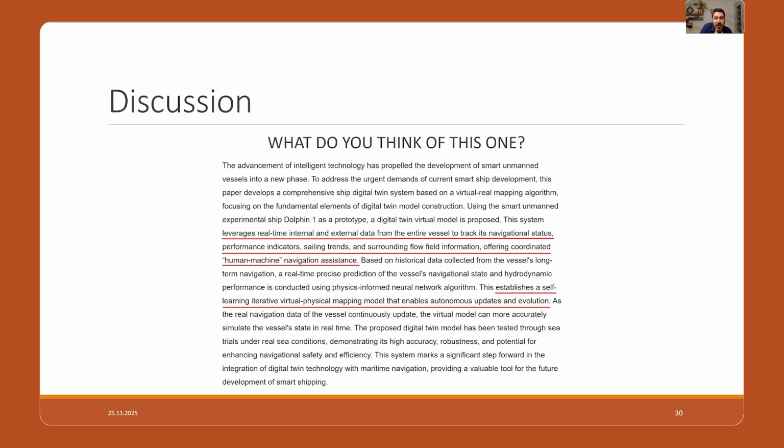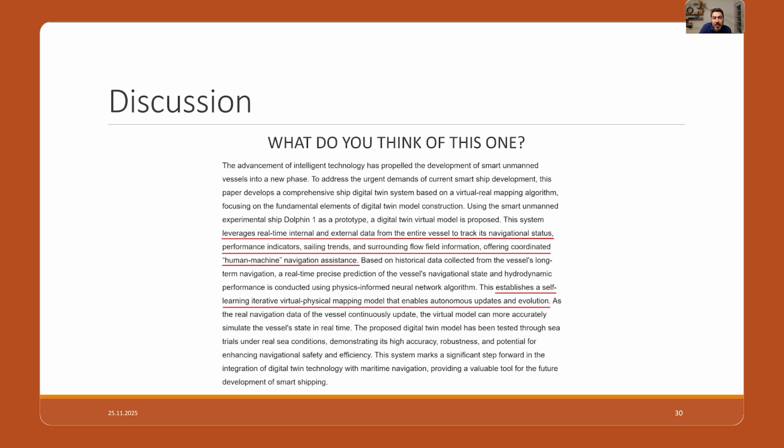Based on historical data collected from the vessel's long-term navigation, a real-time precise prediction of the vessel's navigational state and hydrodynamic performance is conducted using a physics-informed neural network algorithm. This establishes a self-learning, iterative, virtual physical mapping model that enables autonomous updates and evolution. As the real navigation data of the vessel continuously update, the virtual model can more accurately simulate the vessel's state in real time.